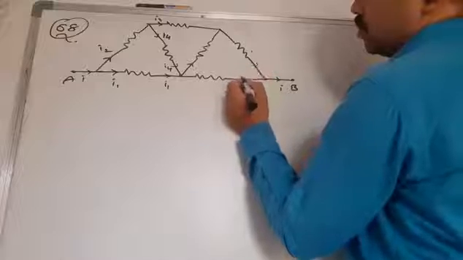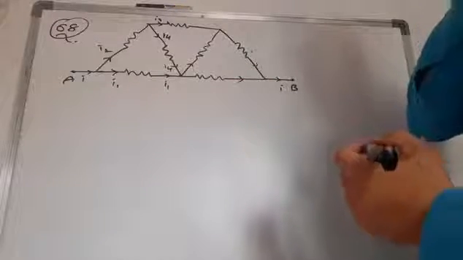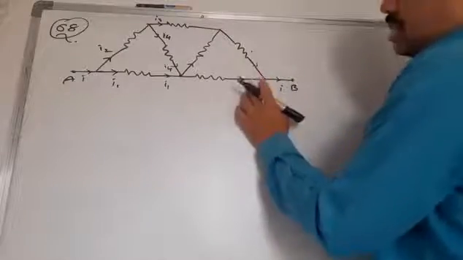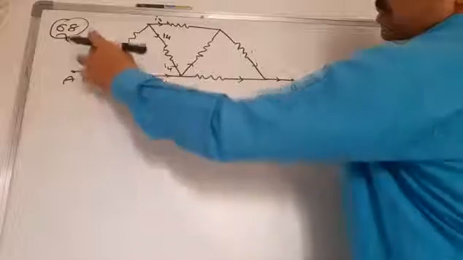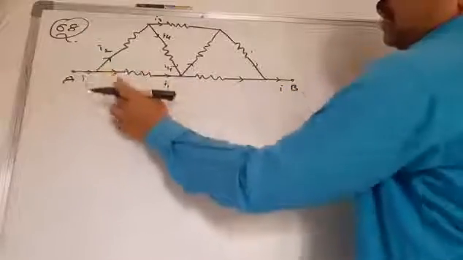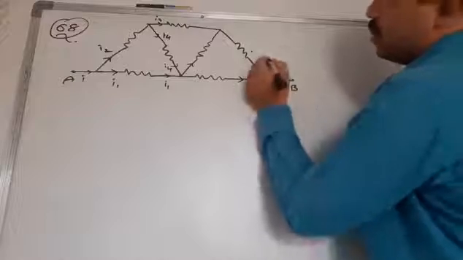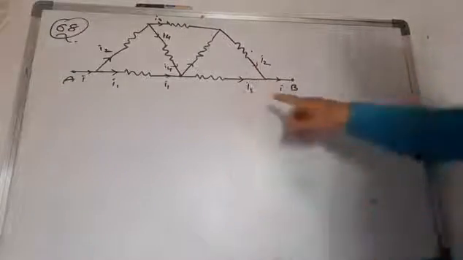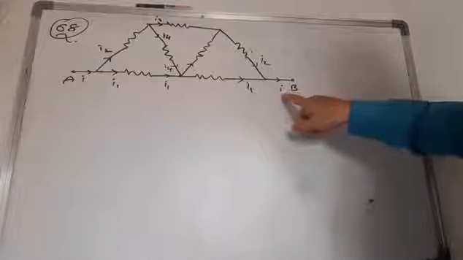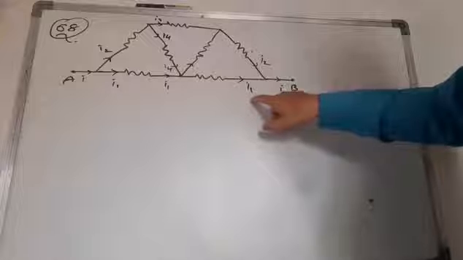here also one current should come, and let us suppose how much current it should be at last. Here I is divided into I1 and I2. And here while combining also, it should be I2 and here it should be I1 only, no? Then only again I1 plus I2 you will get I. So here I2 current must flow, here I1 current must flow.